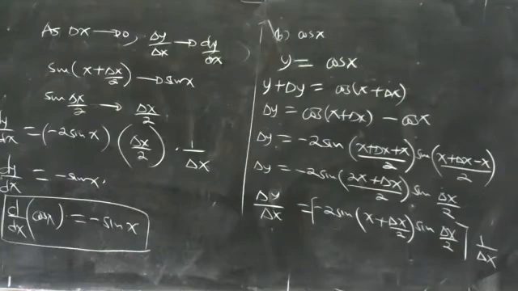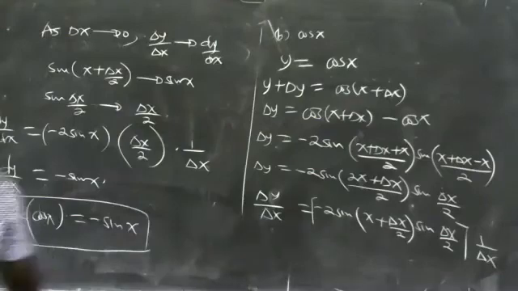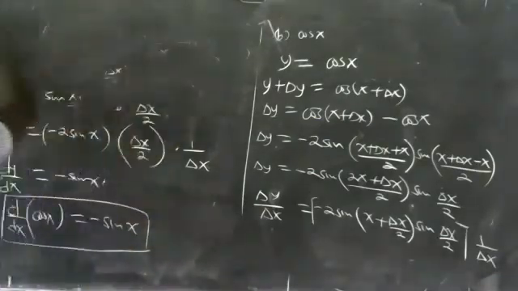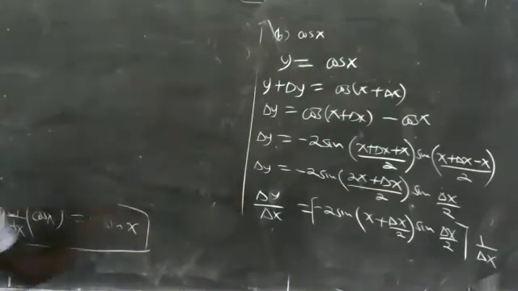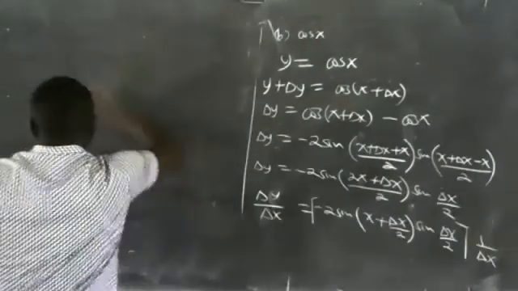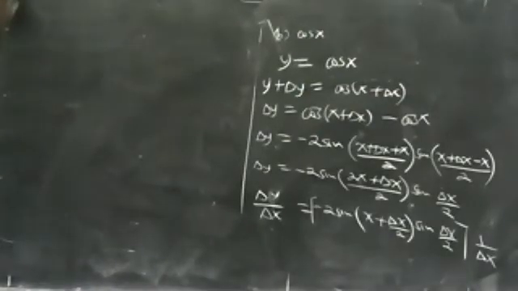Okay, the last part, differentiating tan. Let's work out that question. This is what we are going to do. That last part on this last board is the tan of x.